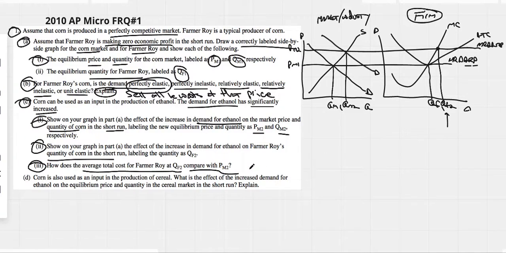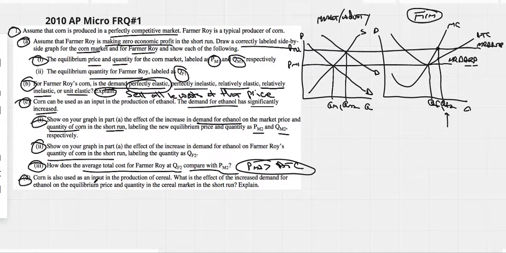So we could say PM2 is greater than the ATC. Yeah, PM2 is greater than ATC. We can see that. They're just asking, are we making profits? And they're asking it in a very strange way. So we would say the average total cost is below PM2, something like that.